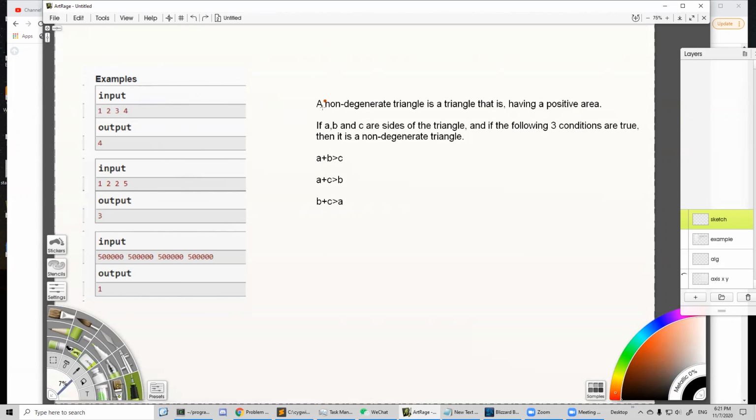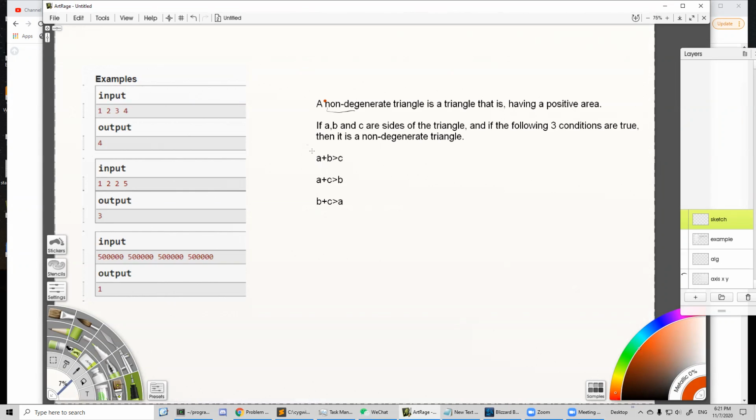Before we continue, we are going to introduce the non-degenerate triangle, right? What is a non-degenerate triangle? Let's say the triangle has three sides. The names of the three sides are A and B and C, right?